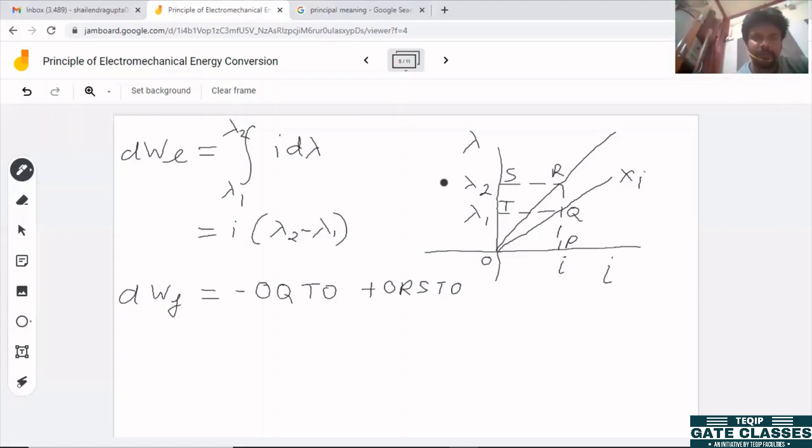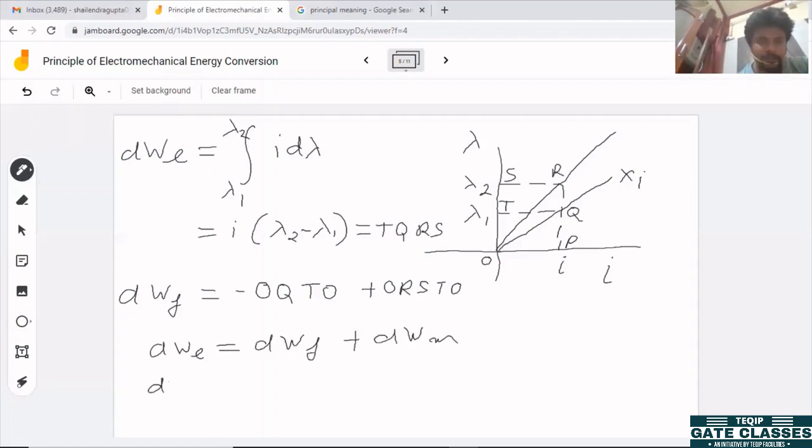The above d We, in terms of this area, is TQRS. TQRS is the energy input, and so we can write d We is equal to d Wf plus d Wm. So from here d Wm could be written as the area of TQRS plus the area OQTO minus ORSTO.